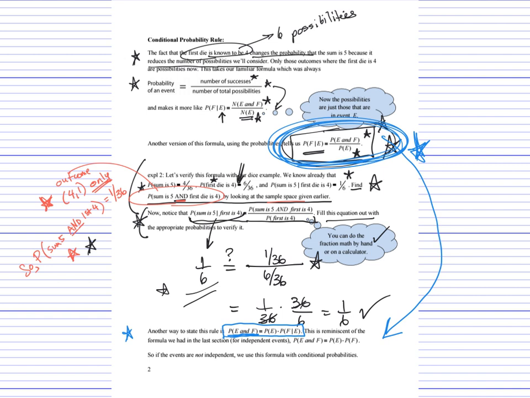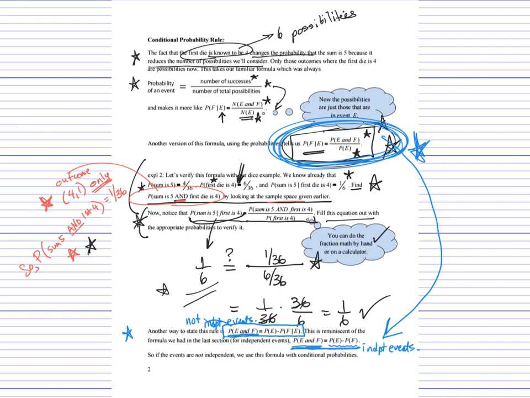It reminds me of that same probability of E and F formula I have. But remember, that one is for independent events, and essentially, we have not independent events here. Okay, so that's that.